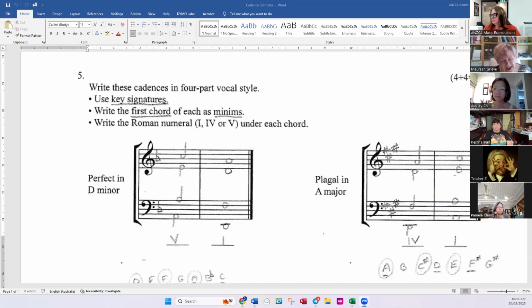So that doesn't sound to me like a true plagal cadence. They don't lose marks for that, but perhaps when you're teaching a plagal cadence, it's good to have the soprano voice either falling or the same note. It's much more realistic for the Amen cadence. Other than that, there's nothing much to comment on that one, except that I just prefer it to fall.